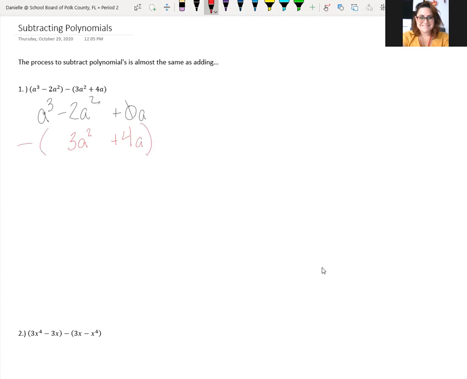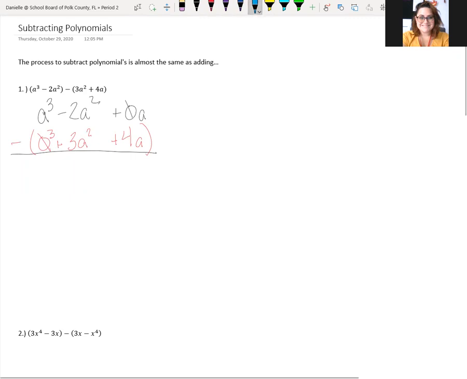And now we need to subtract our terms, which means we can either distribute our negative or just read the subtraction. And I want to leave space for that placeholder here because I forgot. There we go.